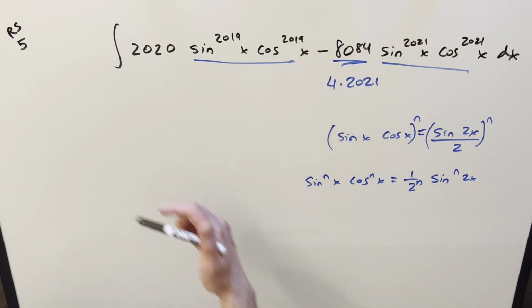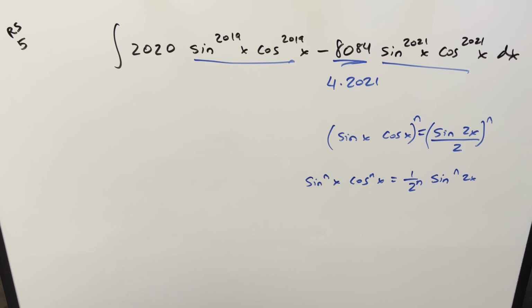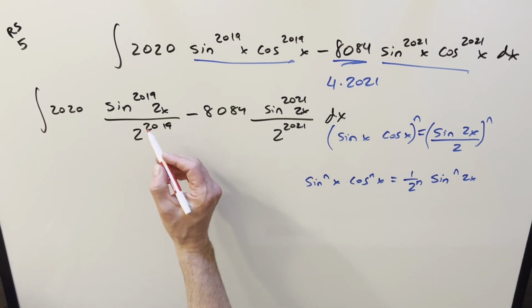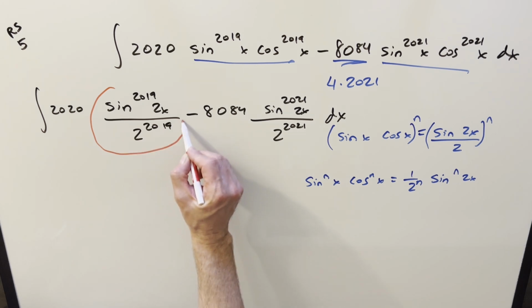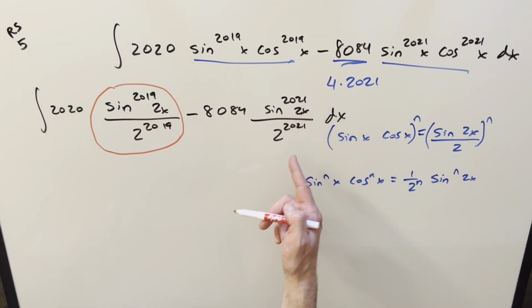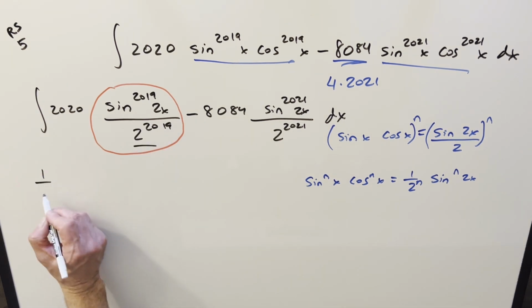So what I can do is go back to our integral and rewrite this part in this form. And then from here, writing it this way, now we can do some factoring, because we have this term, we could pull this out and just leave sine squared over 2 to the 2. So I'll bring this 1 over 2 to the 2019 out front as a constant.